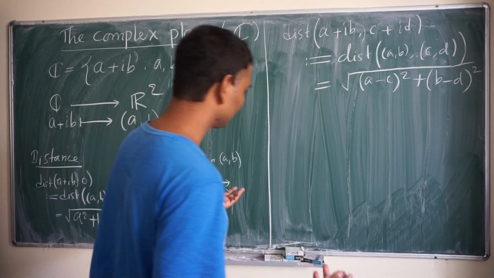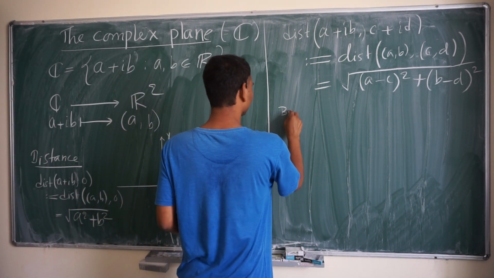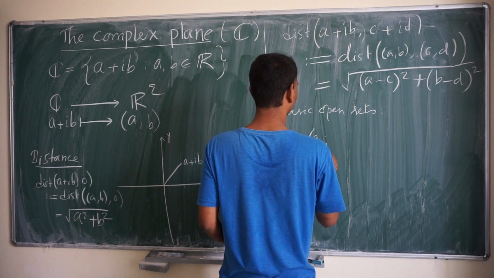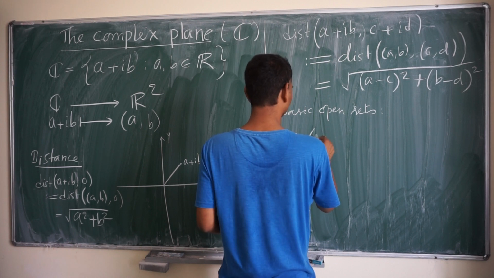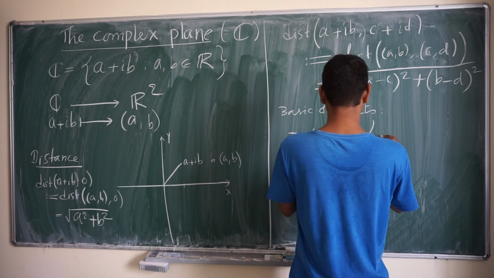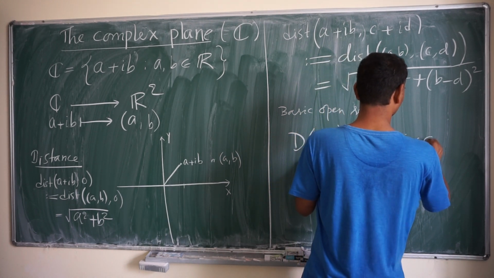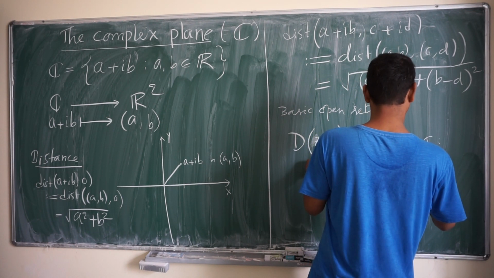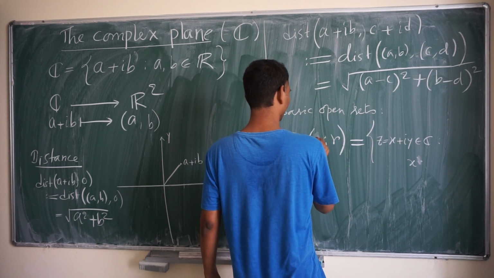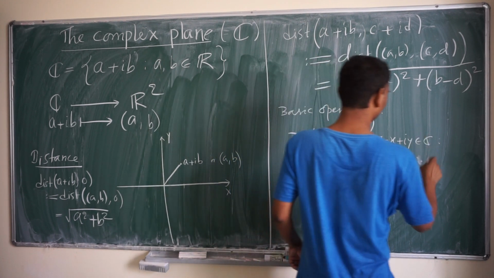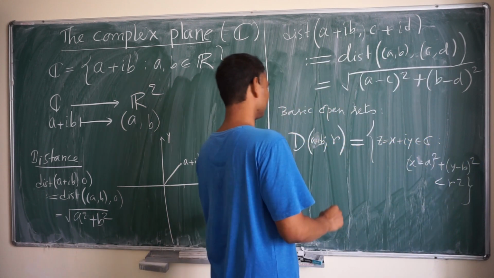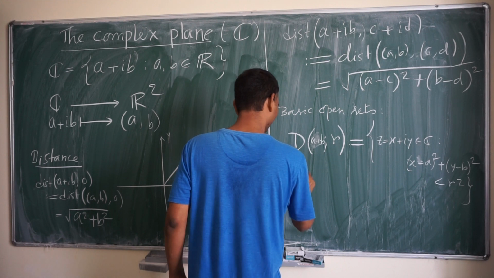Of course, the basic open sets are sets of the form D(Z, R), which is the set of Z, which is x plus IY, in C such that (x minus a) square plus (y minus b) square is less than r square, where the center is a plus ib.